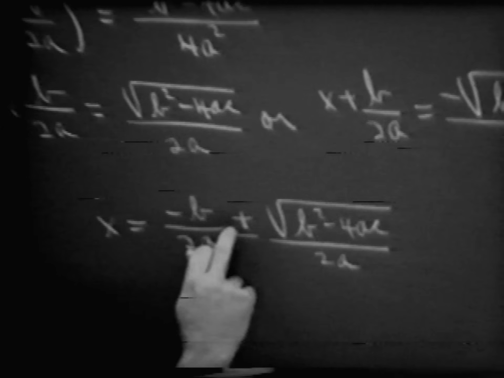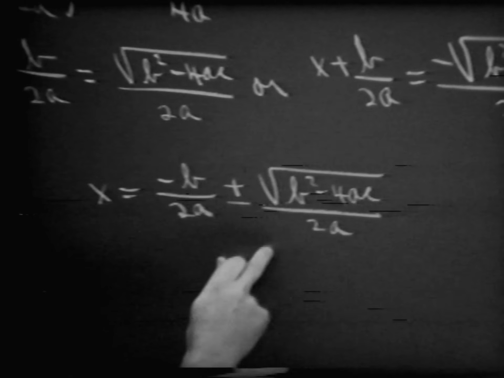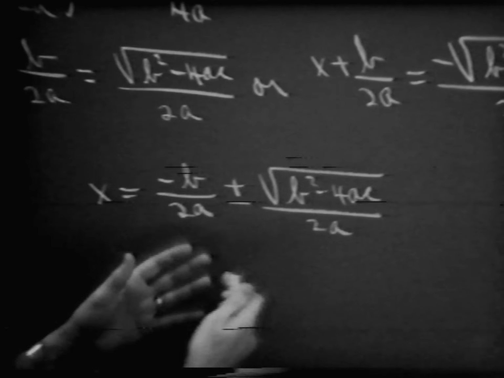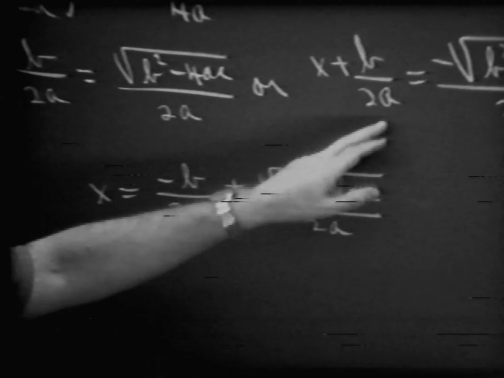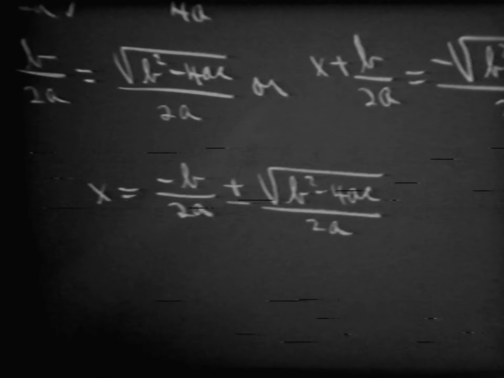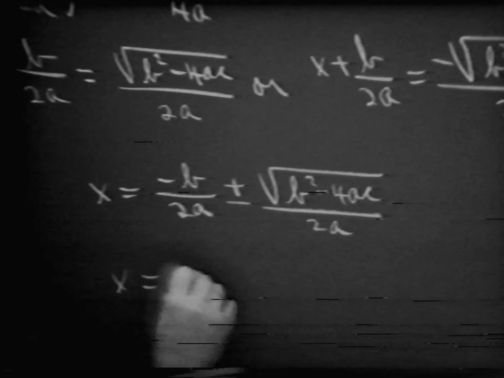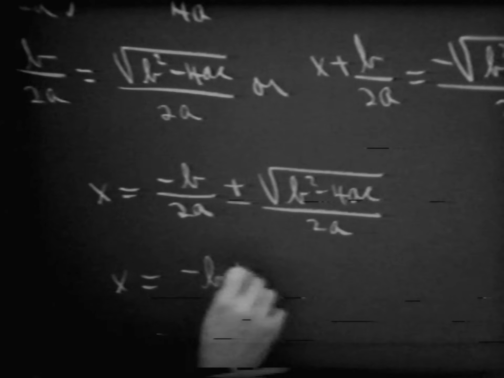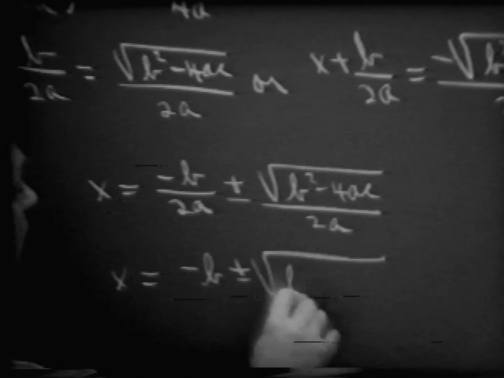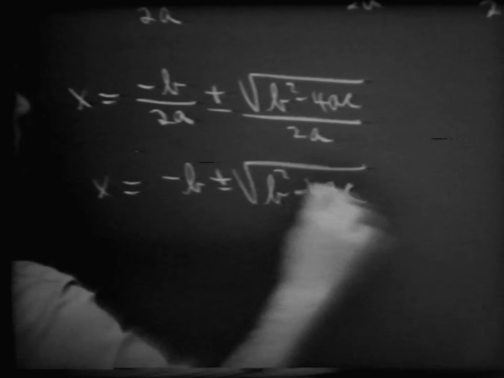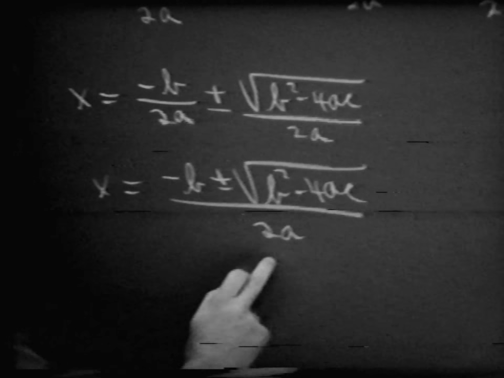In which this plus or minus business is to put into one statement, into one sentence, this compound sentence with the word or, all right? And notice here we have the same denominator, therefore we have x then is equal to what? The opposite of b plus or minus the square root of b squared minus 4ac all over 2a.